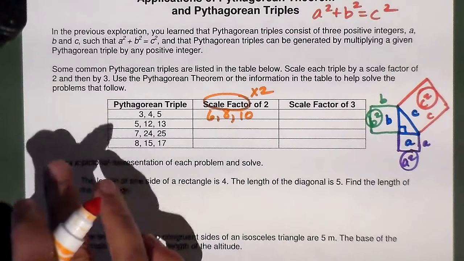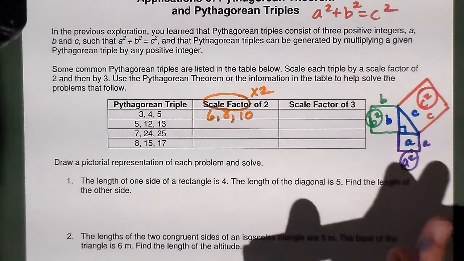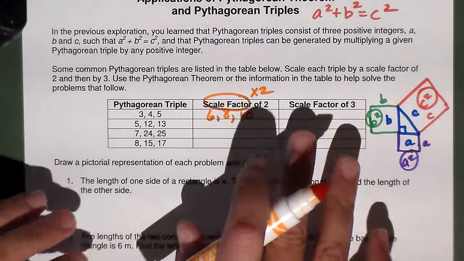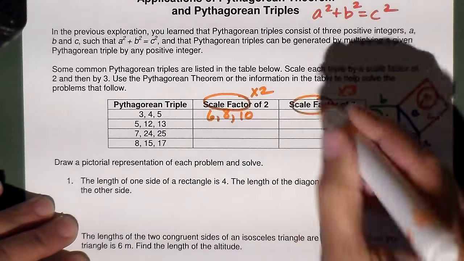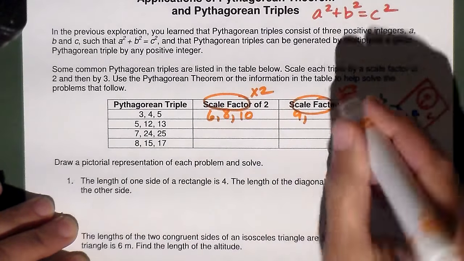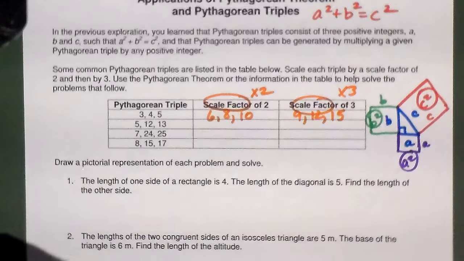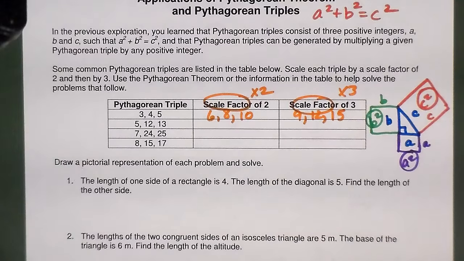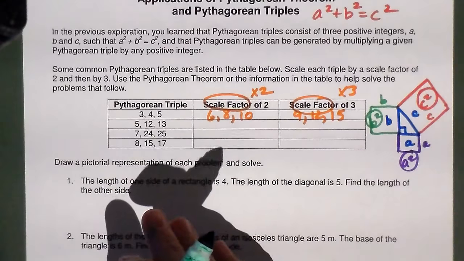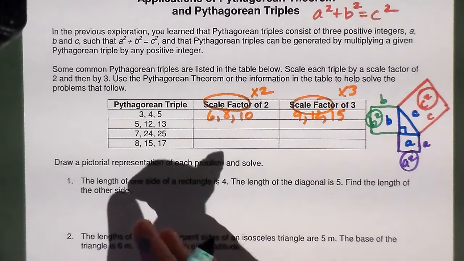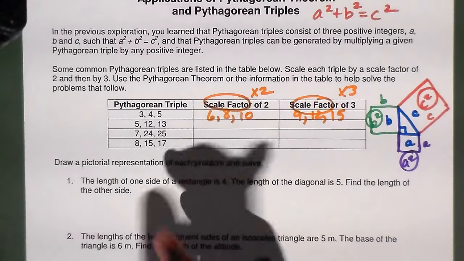I can't just multiply 2 of them by that factor and the third one by something different. So let's do a scale factor of 3 now. I'd multiply 3 times 3, which is 9, 3 times 4, which is 12, and 3 times 5, which is 15. So those are my Pythagorean triples for 3, 4, 5. If you can memorize these, you don't have to do the Pythagorean theorem. You can just determine the lengths by looking at them.